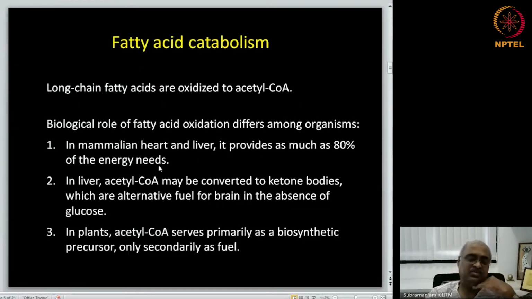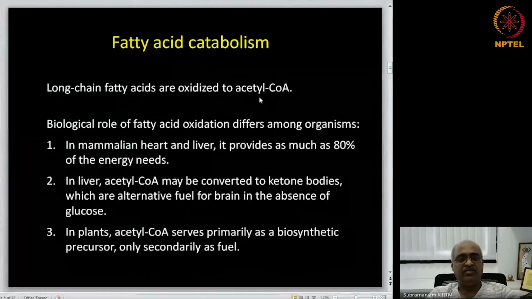Because fatty acid storage and mobilizing, metabolizing can have unnecessary unhealthy consequences. But these tissues can handle as much as 80% requirement from fatty acids alone. That's one. Energy here meaning acetyl-CoA getting oxidized to carbon dioxide.